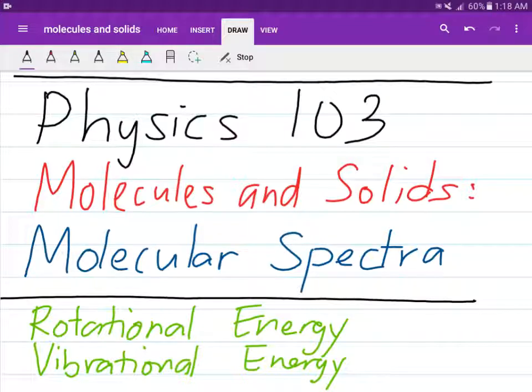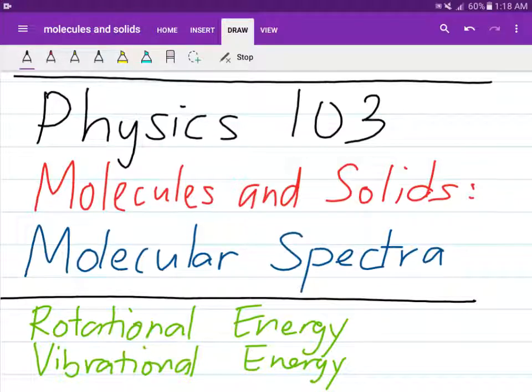Molecular spectra, just like atomic spectra, is the energy given off in discrete amounts by molecules. If you recall, with atomic spectra, when you pass light of all wavelengths through atoms, the atom will only emit certain levels of energy to the screen.